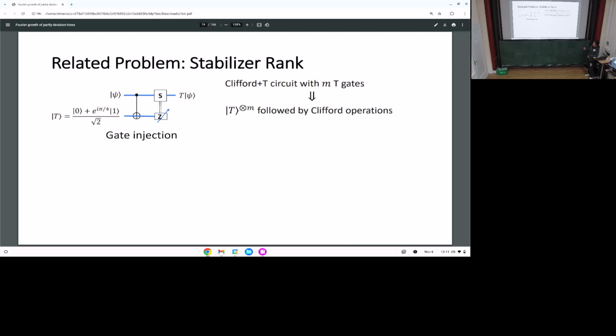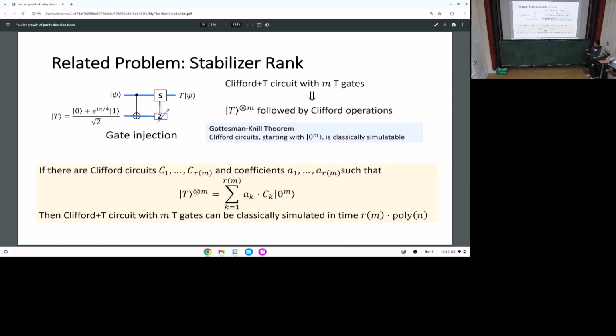Assume you have a Clifford plus T circuit with m T gates; then it can be executed with m copies of the magic state followed by Clifford operations. So we converted from a Clifford plus T circuit to a Clifford circuit, but the caveat is we need this additional resource. And recall that we know the Gottesman-Knill theorem. It says a Clifford circuit starting with |0> is classically simulatable.